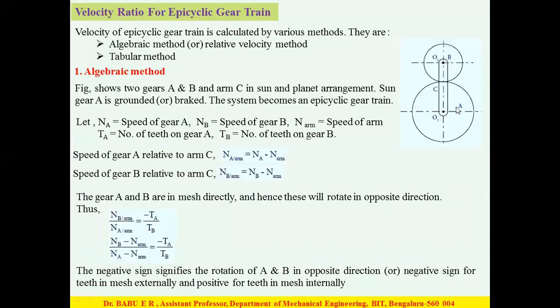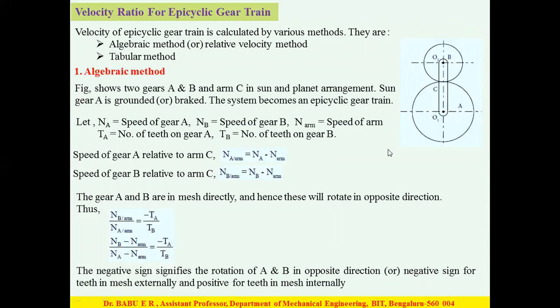So you come to the diagram. Now what am I giving? I am giving plus 1 revolution to gear A. When you give plus 1 revolution to gear A, you have to find out how many revolutions gear B will make. Now you go for the velocity ratio. How is the velocity ratio defined? It is defined as the ratio of the speed of driving gear to the speed of driven gear.